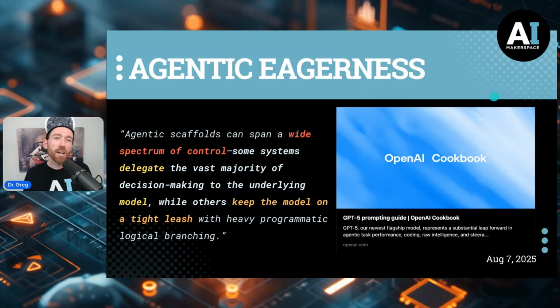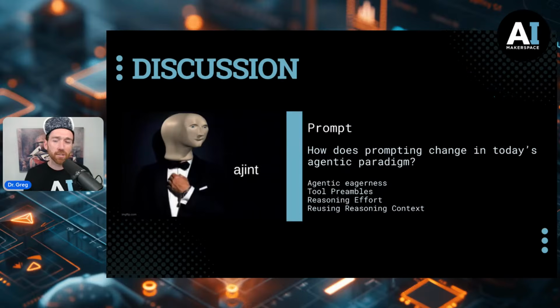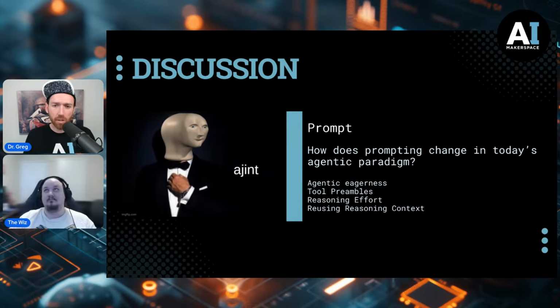Now, there's a lot to this guide. And so, Wiz, I'd love for you to just comment on this, and we'll encourage everybody to read this on their own following the demo today and our introductory session. But there's things like agentic eagerness, tool preambles, taking tool calls and tool descriptions to the next level. Not just reasoning or non, but low, medium, high reasoning.